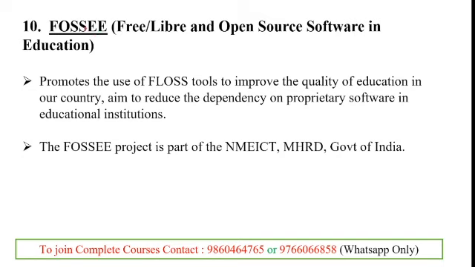So the free libre, you can also see FOSSEE. FOSSEE means Free and Libre Open Source Software in Education. Here open source education software is promoted, and these are tools to improve the quality of education in our country. That also aims to reduce the dependency on proprietary software.